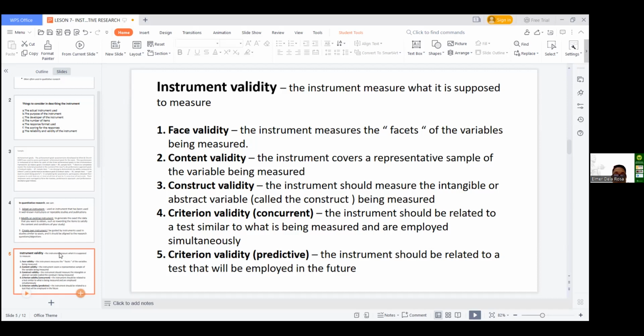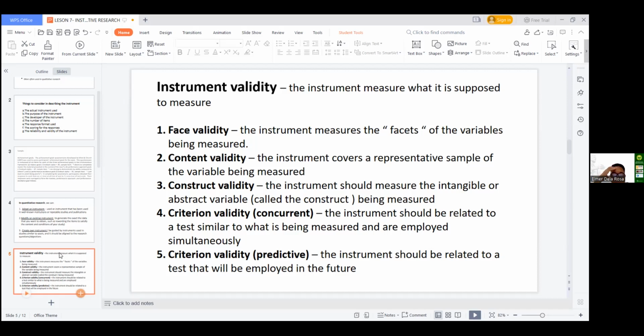Construct, the instrument should measure the intangible or abstract variable called the construct being measured. For example, you are measuring something that you don't see, but it's perception, like intrinsic motivation. You cannot feel, touch, taste, or see someone's level of intrinsic motivation because it's a construct.